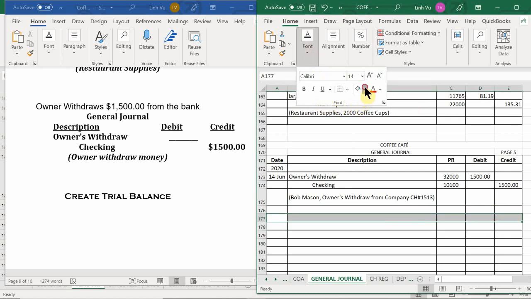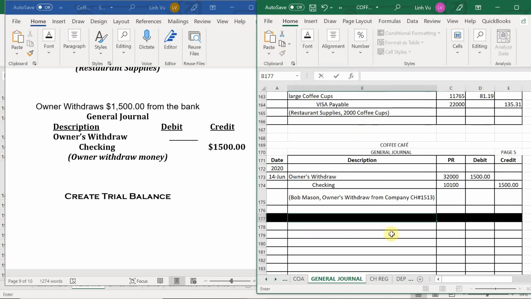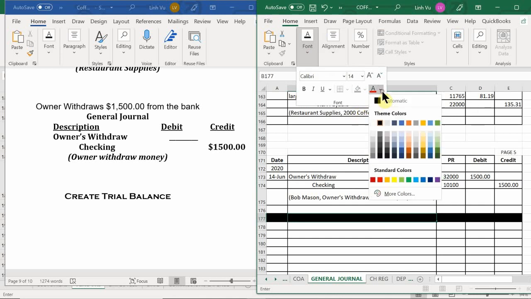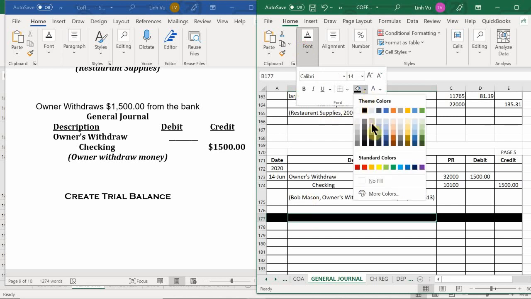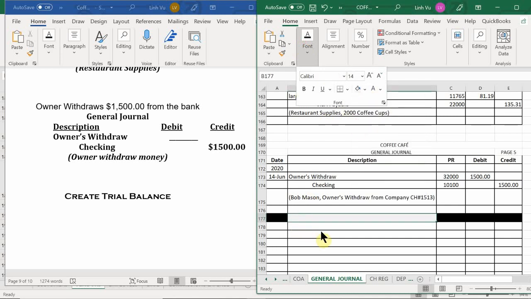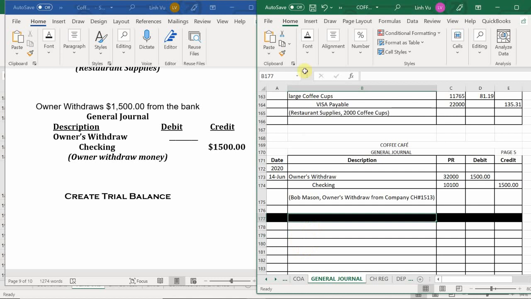I don't know why it didn't go through. I want this to be white.